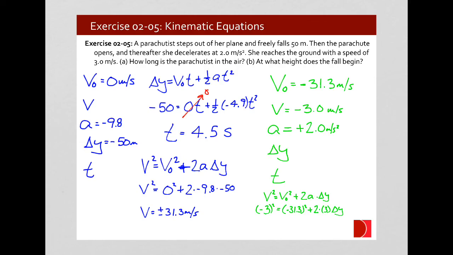And our displacement there is a negative 161.8 meters. So we expect it to be a negative amount. She's falling downwards with her parachute, so she should end up below where she began.